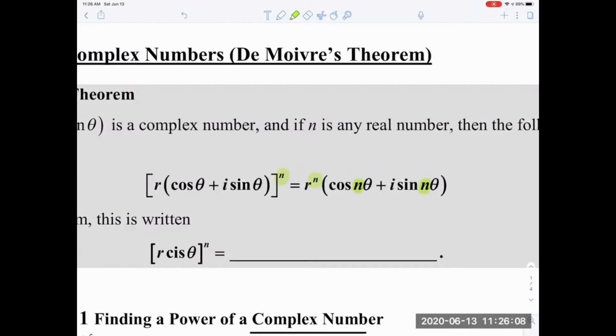Now you can write this in a short or compact version. In the end, it means the same thing: R to the n, parentheses, CIS, n theta.